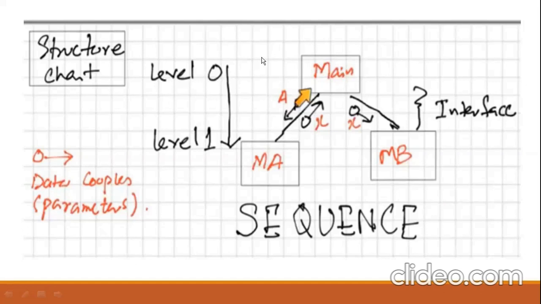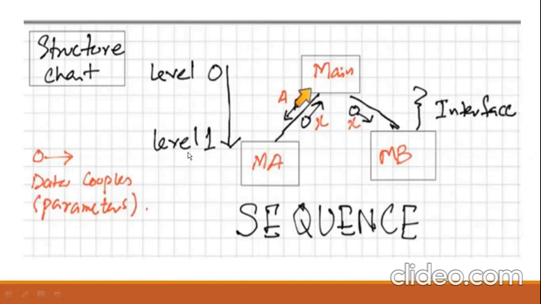The layer below the main module, which contains the submodules called by the main module, is called level 1.